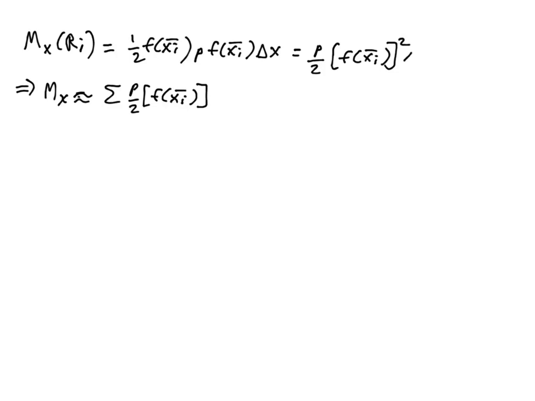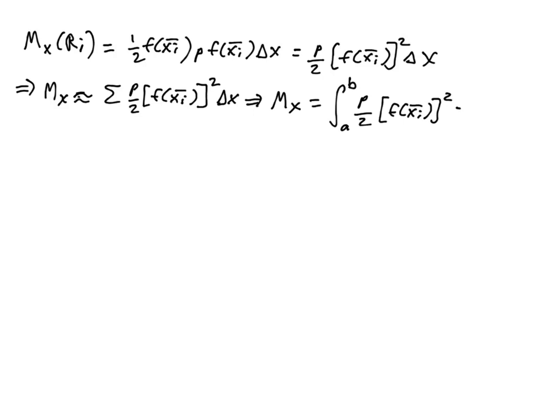Oh, I forgot the delta x over here. So it's going to be rho over 2 f of xi bar squared and then delta x, which means that the real answer is if you take the limit as n goes to infinity of this partition, you get an integral. So you get the integral from a to b of rho over 2 times f of xi bar squared.